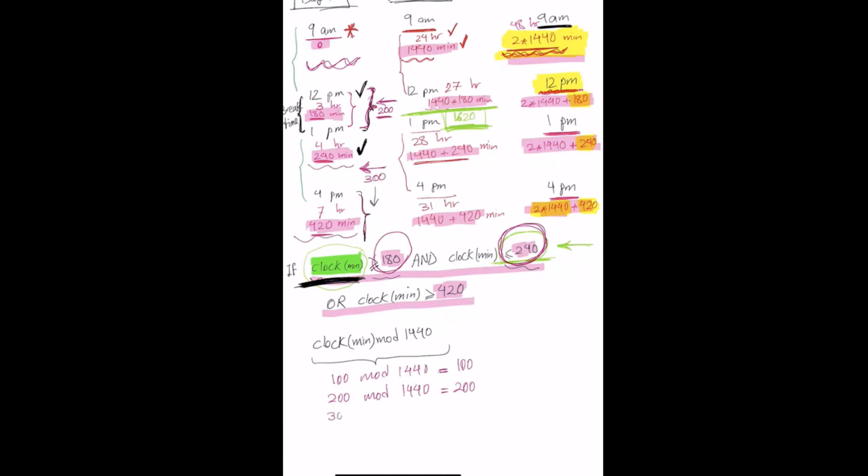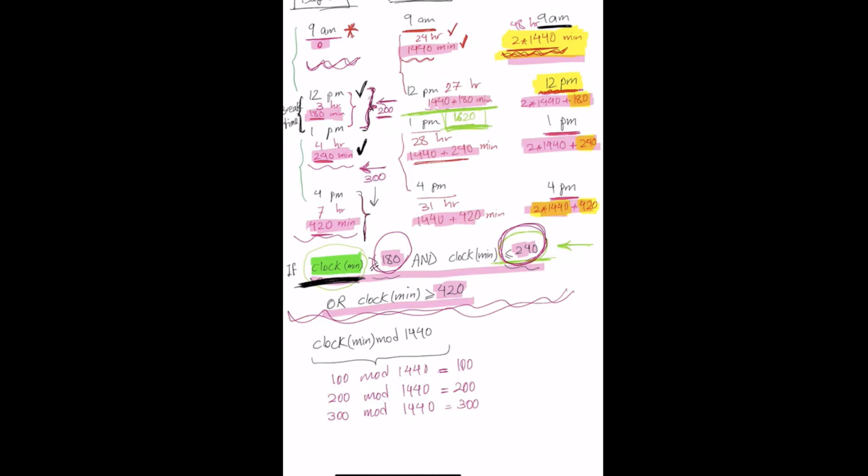So 300 mod 1440 returns 300. The simulation time is 300 and I get 300, and I can compare it with the conditions I wrote here, and 300 is in the operation time. So then the condition works, the entity will come to the system and it will work.